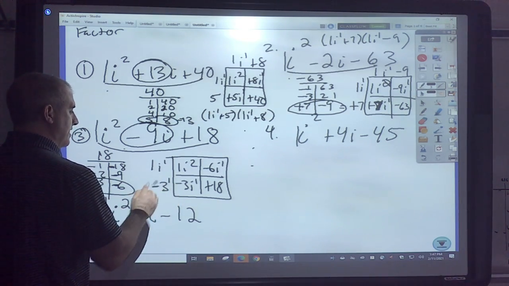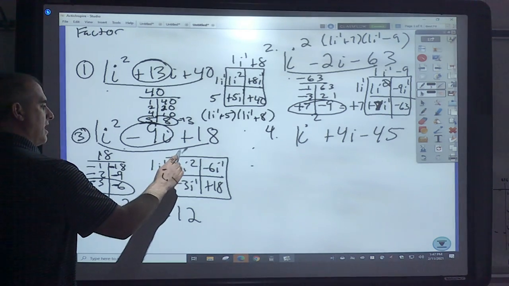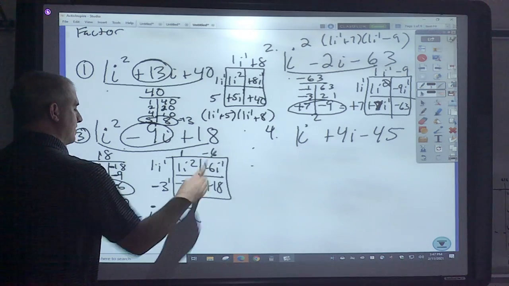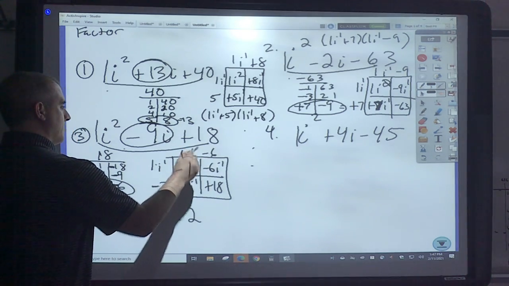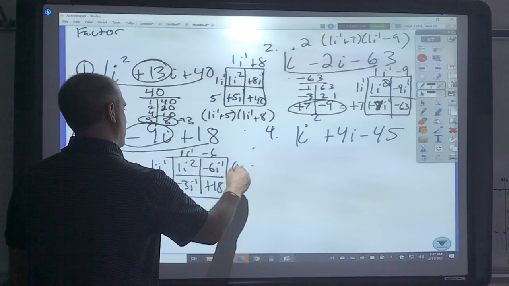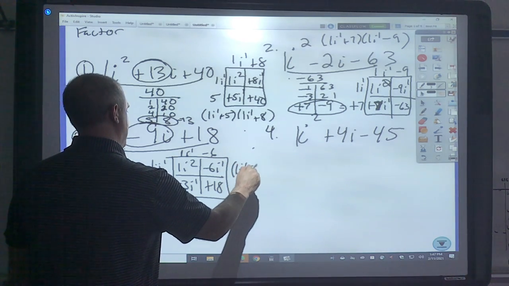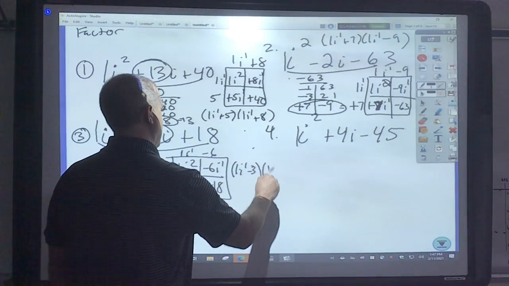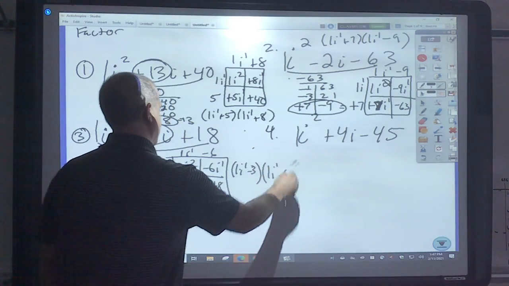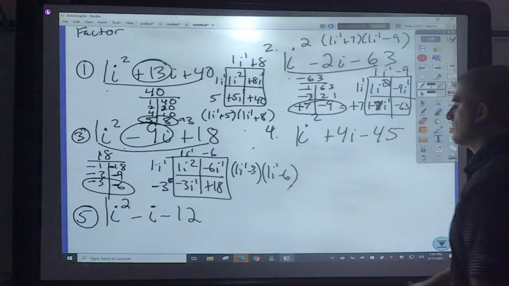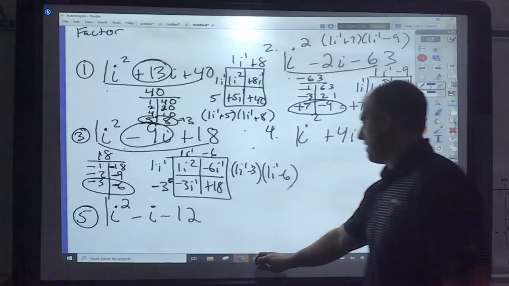Since this is a negative, that's got to be a negative. 1 times 1, 1 times -6. So this would be i to the first, and there would be no i there. So these factors are 1i to the first minus 3, and 1i to the first minus 6. Let's go to this problem here. GCF.